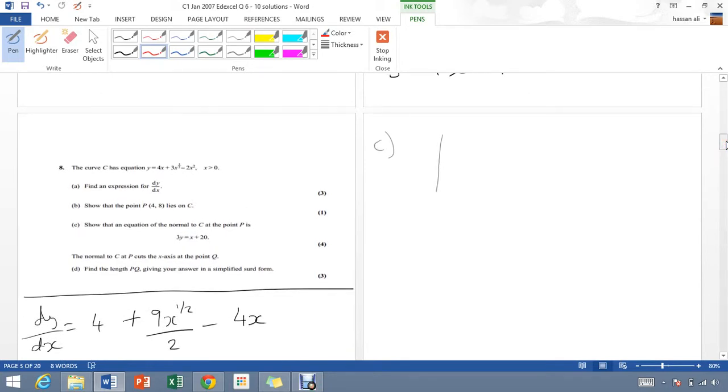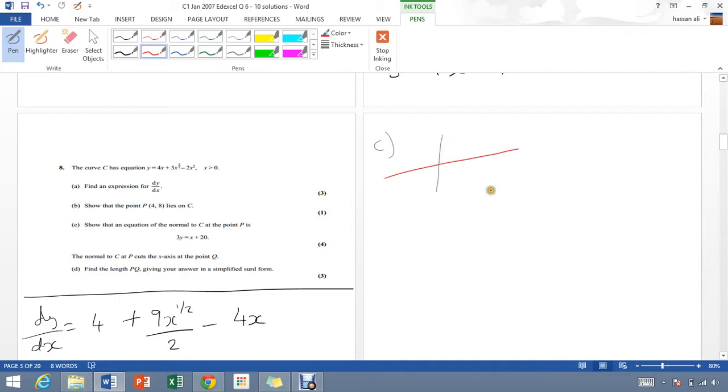Right, part C is saying to show that an equation of the normal is given. I've left that so I can show you the equation of the normal. What you have to remember, and it's vital that you know this, is that if you have a line going like this, the normal line is a straight line that is perpendicular to this line here.